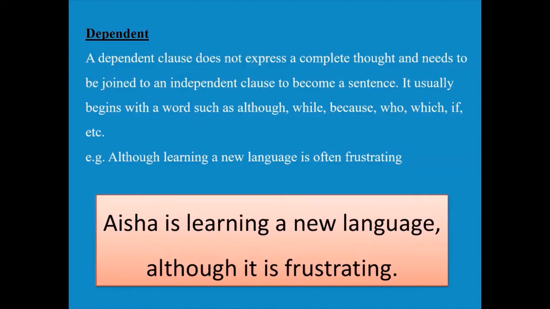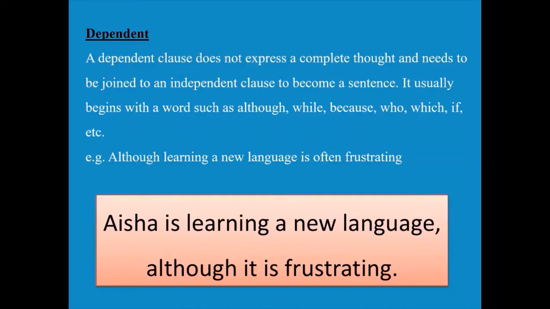A dependent clause will depend on another part of the sentence to convey its full meaning. Alright? I hope you have understood this part, dependent and independent clause.